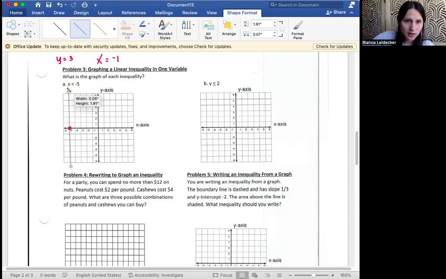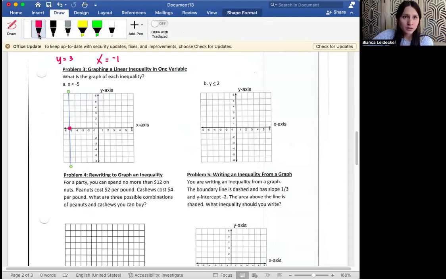And the only way it can intersect the x-axis at -5 is if it's vertical. And I'm not able to draw an exact vertical line here because it's not letting me, but that's going to be your line. So cut through here vertically. That's my line. Now, because this is an inequality, it's saying x is less than -5. Well, what value for x would be less than -5? It would be anything to the left of -5, right? You could even see that on a number line.